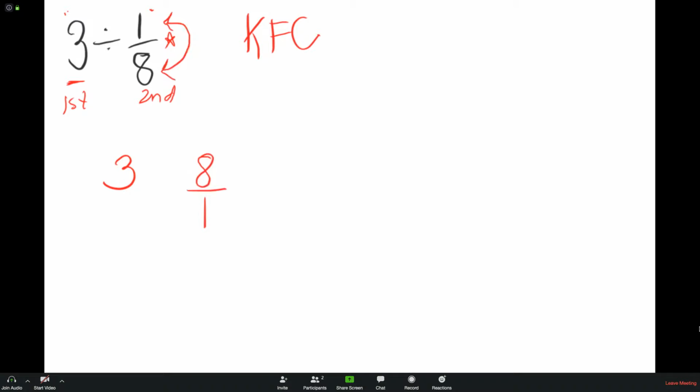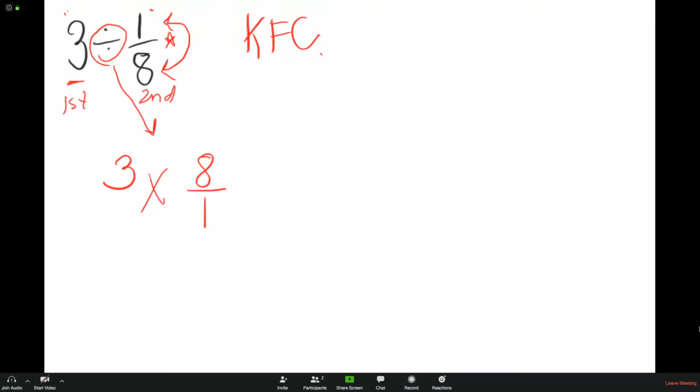Then the C means change the division sign to multiplication. So what you're essentially doing when you're dividing fractions is you are multiplying by the reciprocal. Multiplying fractions is usually the easiest way to solve fraction problems because all you have to do is worry about solving and multiplying across.